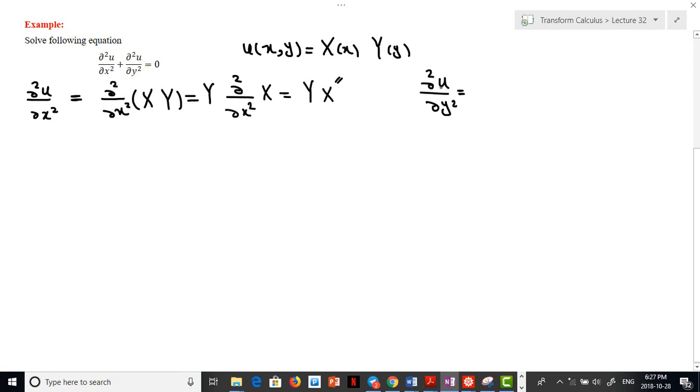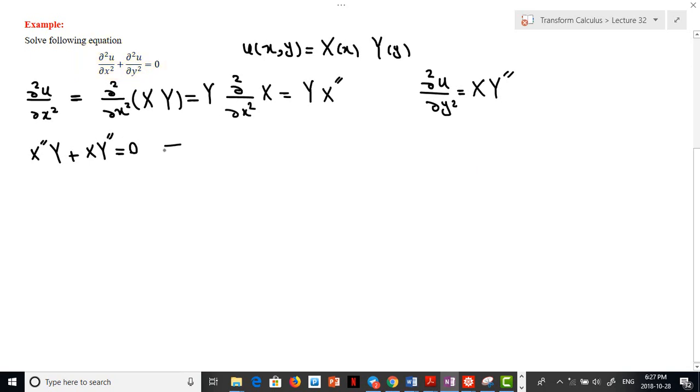Again, in this case X is like a constant, so we have X times Y double prime. Now I just plug it into the equation. In fact, we have X double prime times Y capital plus X Y double prime, equal to 0.